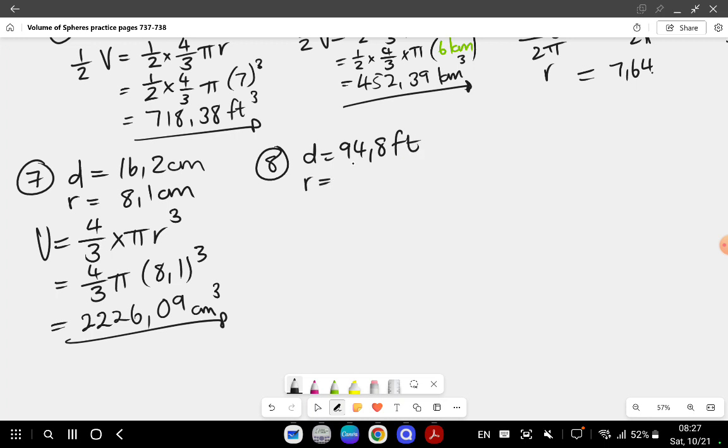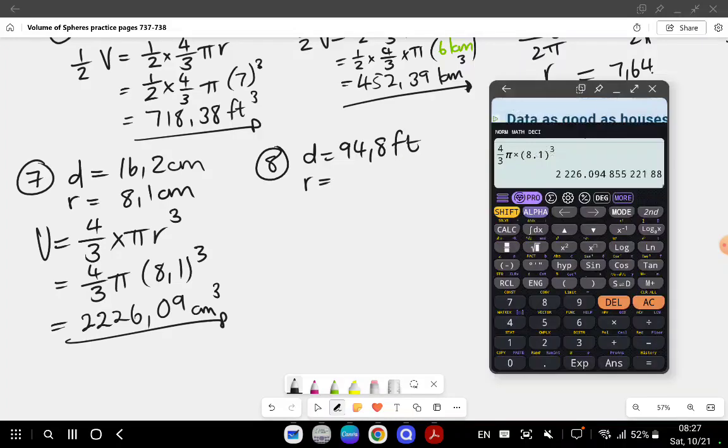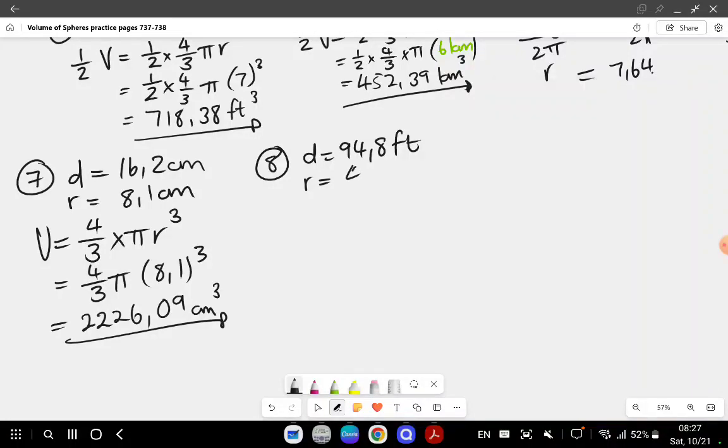Question 8, again, full sphere, diameter equals 94.8 feet. Radius is half of that. So 94.8 divided by 2, 47.4 feet.